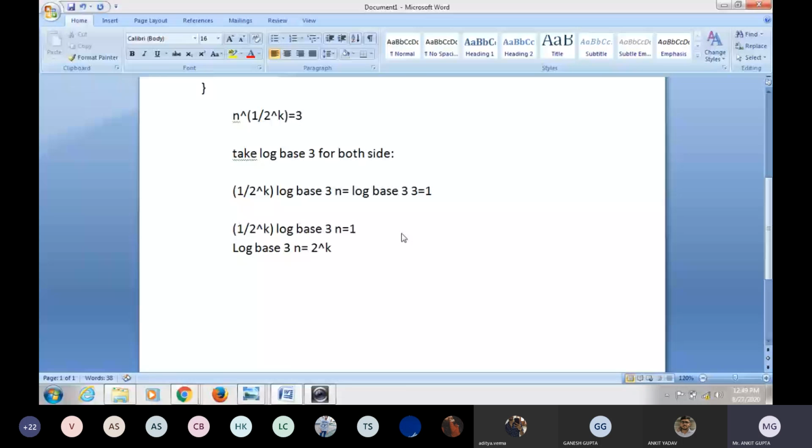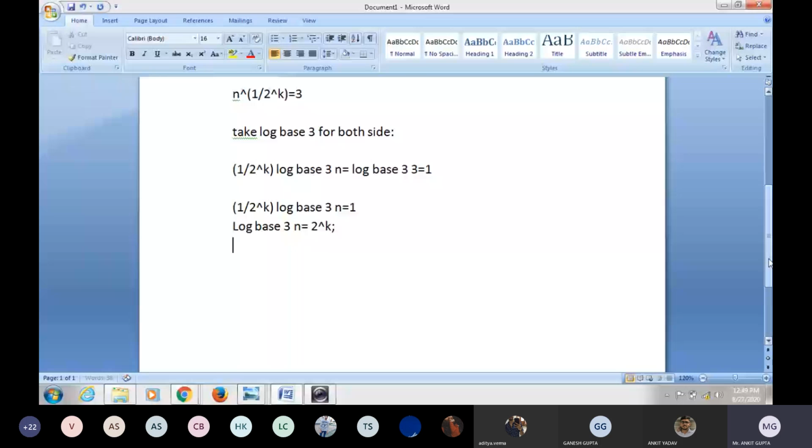Now again I will take log base 2 on both sides, because I have to make the right hand side 1.